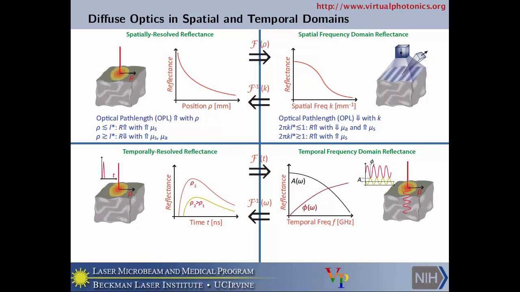If you go to larger locations in space, of course you're going to see attenuation and further temporal dispersion. And then in the temporal frequency domain, this impulse of light is replaced by an intensity modulated source in time, and then you can measure an amplitude decay with temporal frequency and accumulation of phase. This is called a photon density wave.